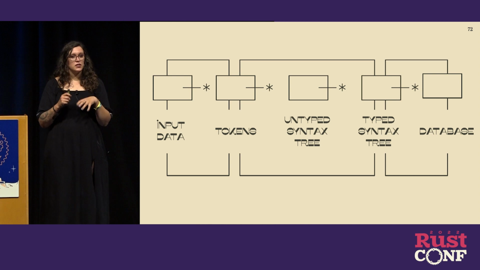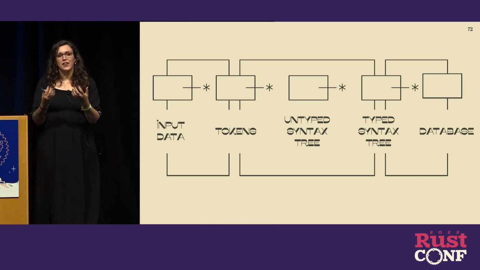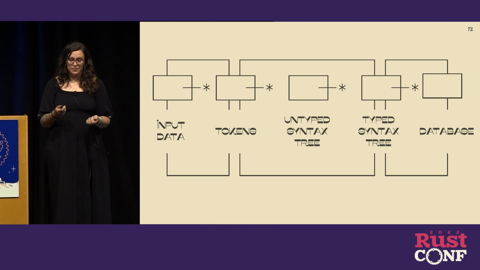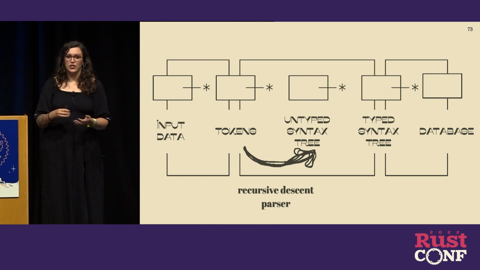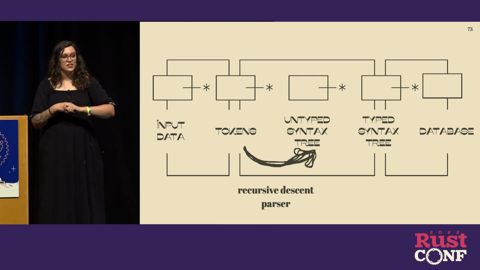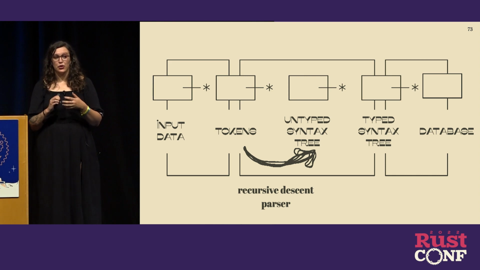The next little bit is we actually have a surprise visitor: before we create the AST, or the typed syntax tree, we create an untyped syntax tree. And what we use there is a recursive-descent parser. This allows us to have code that is super easy to maintain and really easy to diagnose for us as people working on it.